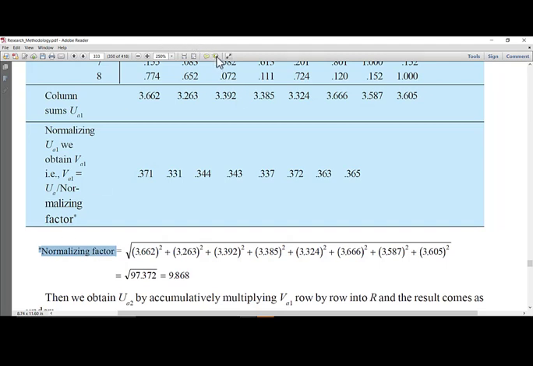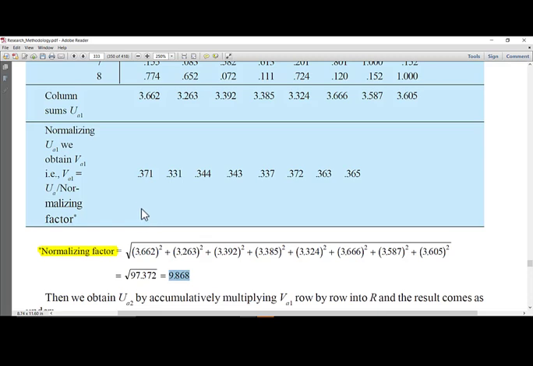This normalizing factor corresponds to the summation of the squared values of these column sums: 3.662 square plus 3.263 square plus 3.392 square etc. plus 3.605 square, and the whole under square root. That is 9.868. This is the normalizing factor.